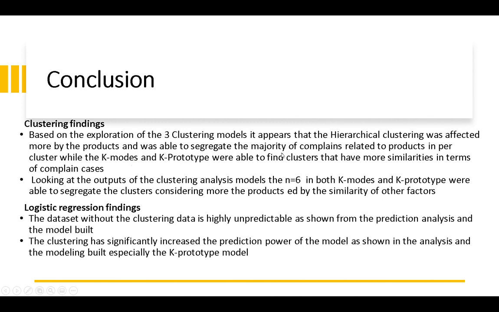The majority of the complaints are product based, I can say, while the K modes and K prototypes have a blend and show a new clustering, like new segregation based on different factors. The one with 6 clusters showed a good segregation based on products.